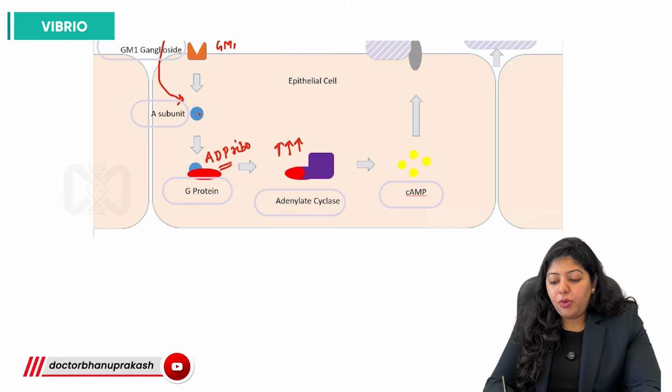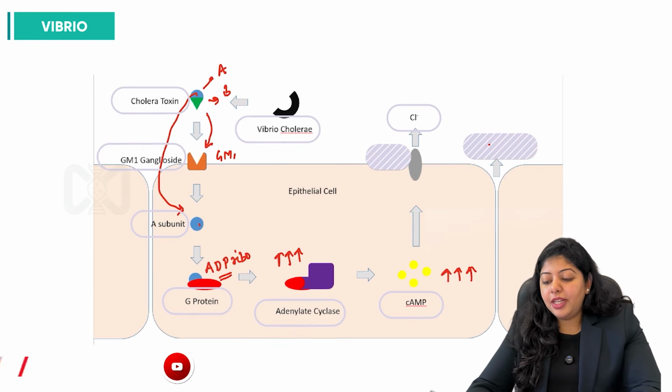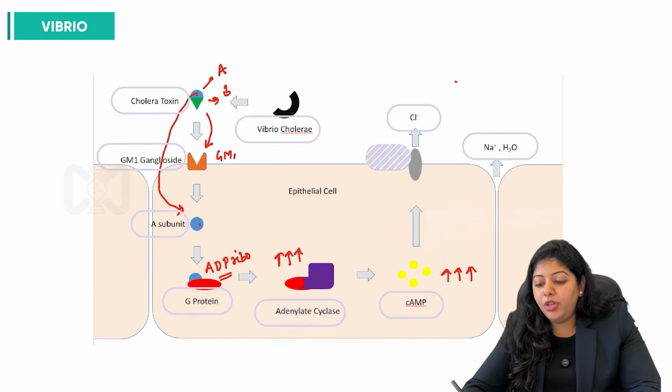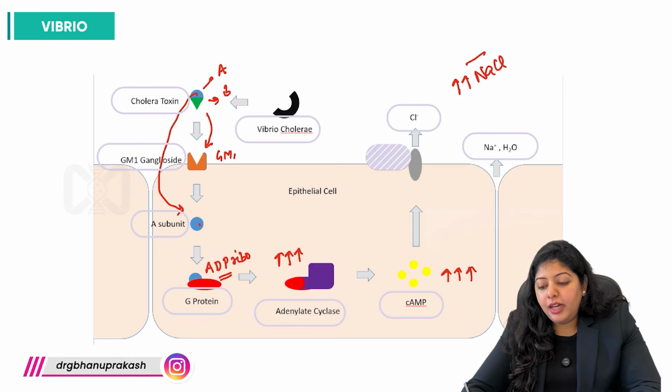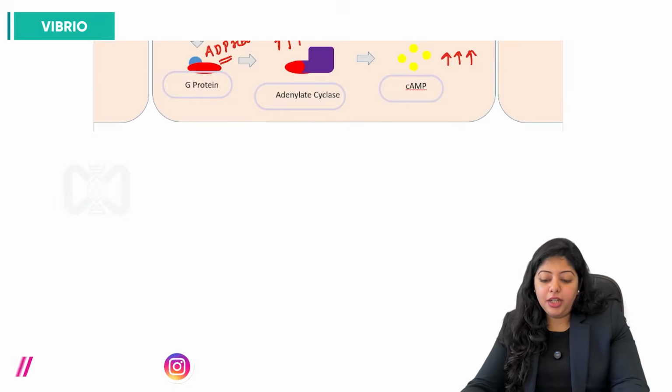In doing so, it leads to increased cyclic AMP. Increased cyclic AMP ultimately leads to increase in chloride, increase in sodium, and increase in water. So increased sodium chloride and high voluminous, increased amount of water in, right? So this is the whole mechanism of cholera toxin.